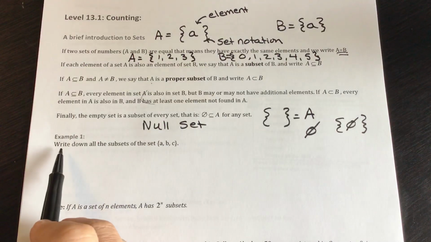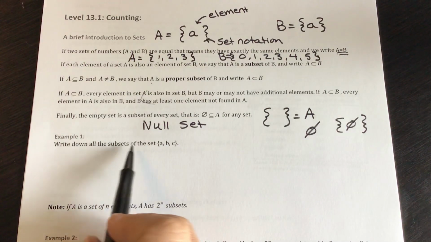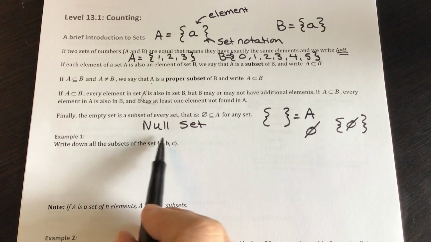So here in example 1, it says to write down all the subsets of this set.